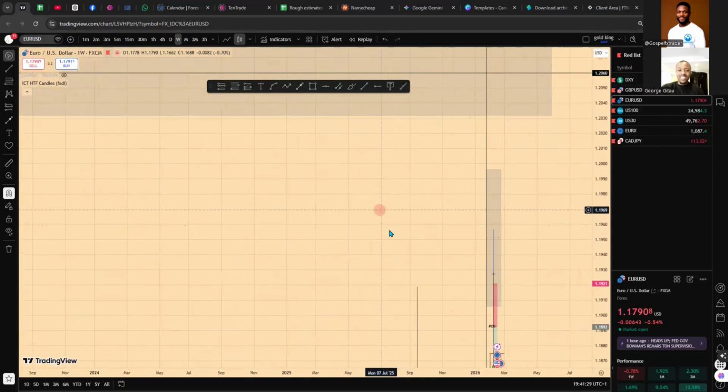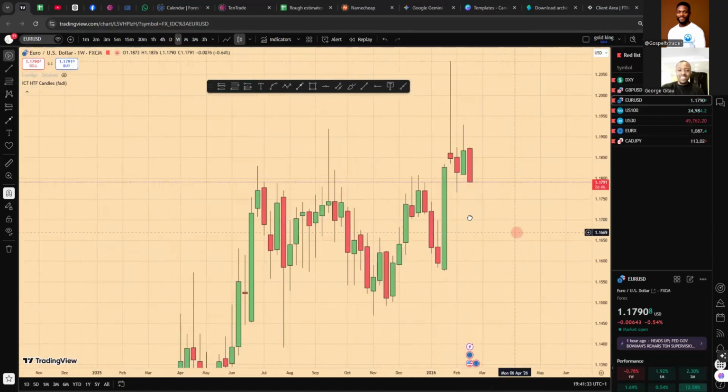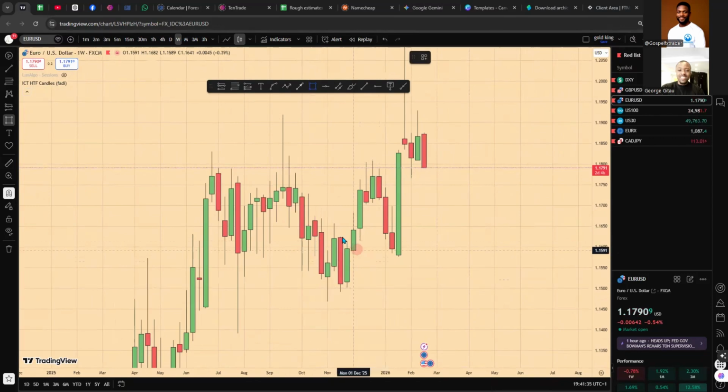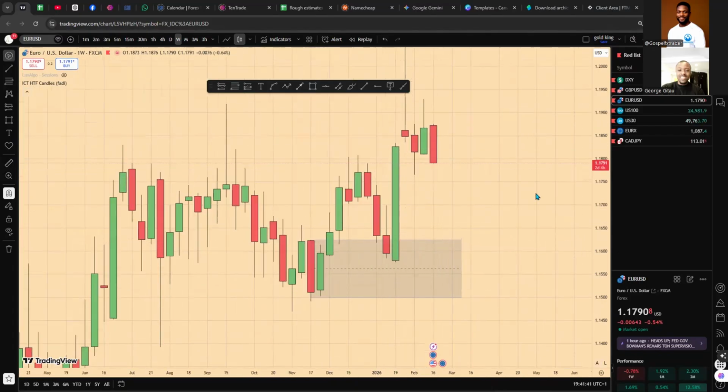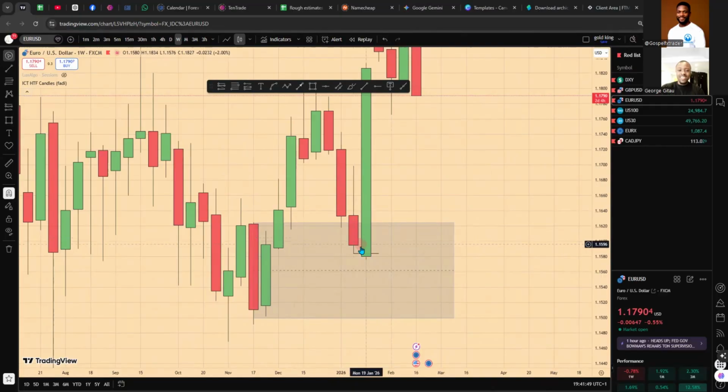And let me just remove drawings here. Now, we notice this is the weekly time frame. We have an order block here. Price came back to the order block and then expanded to the upside. Now, this is not a CRT here, because price traded below this candle because of an opening gap.